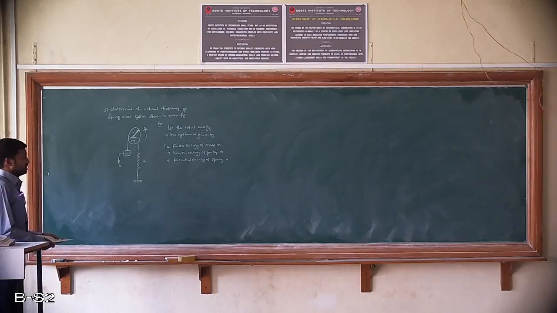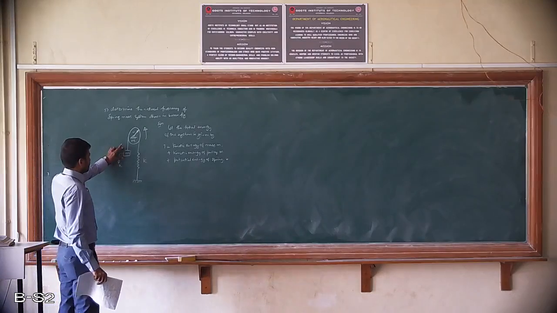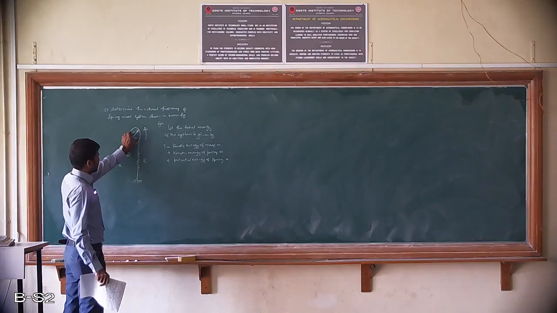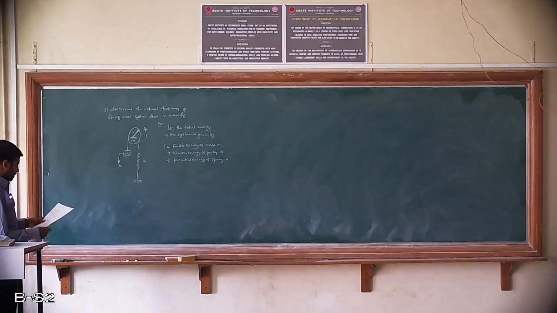So T is equal to the kinetic energy of this mass plus the kinetic energy of this pulley M and the potential energy of spring k.